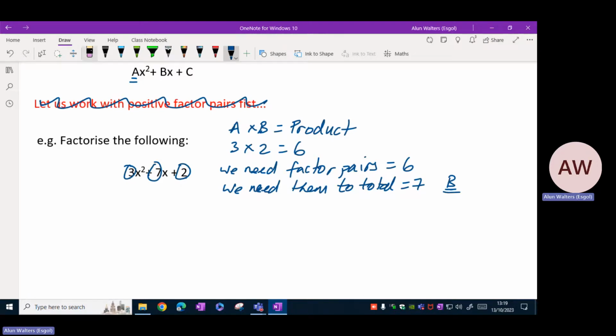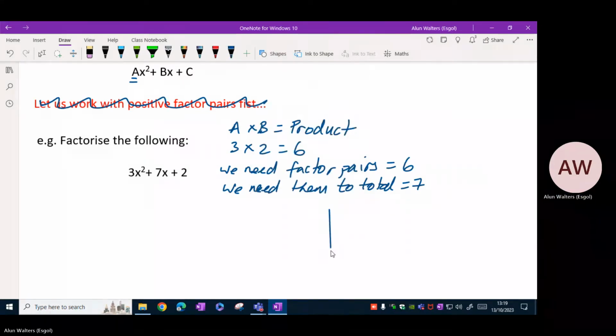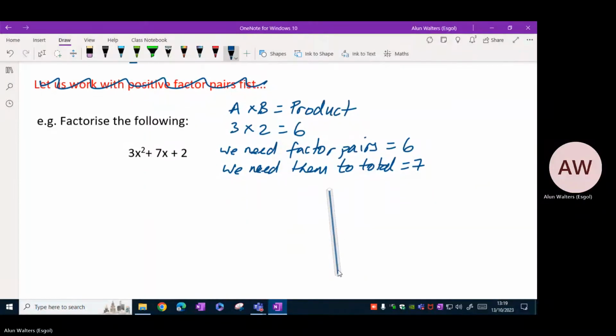Let's tidy that up a bit. So I want the factor pairs equal to 6, and then I want the total.